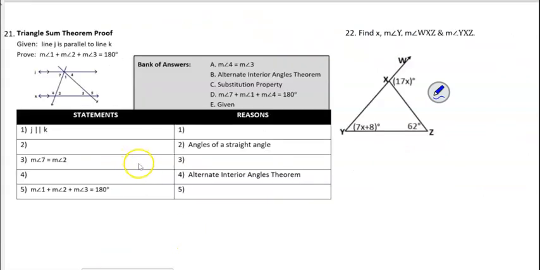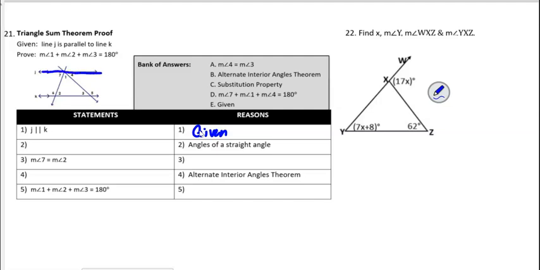All right, so this next one is our triangle sum proof. And right here we have a bank of answers. It says, given that line J is parallel to K, so we have parallel signs there, prove that angle 1 plus 2 plus 3 is equal to 180. So the first thing is J is parallel to K. That was a given piece of information, right? We were given it up there. Then angles of a straight angle. So don't we have angles of a straight angle right here?